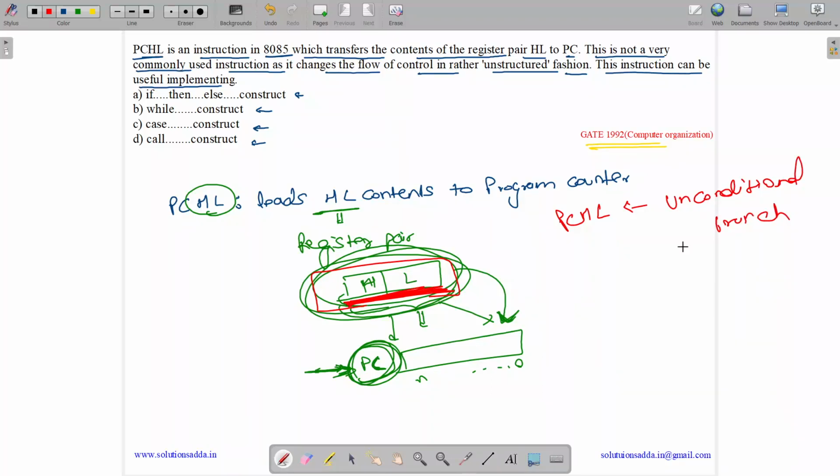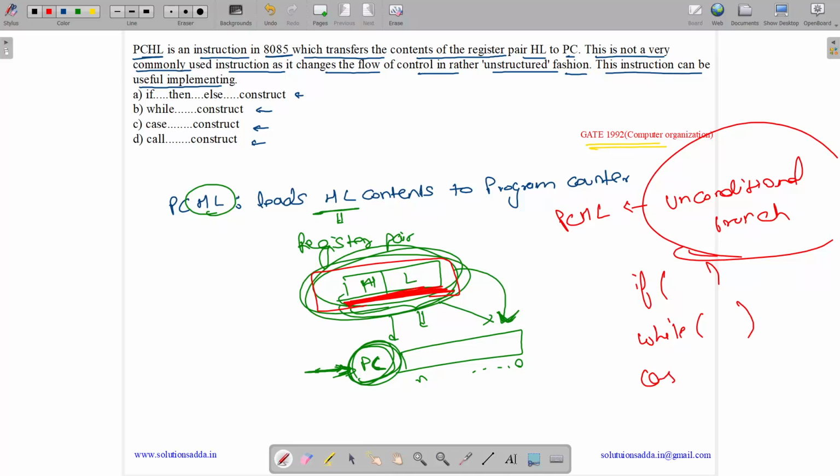Unconditional branch means we won't see any condition: if will have some condition, while will have some condition, even case statements will have some condition. We will have case x, case y, case z. They will also have some condition. So it will be used for unconditional branch statements where we will transfer the control to the address indicated by the HL register.